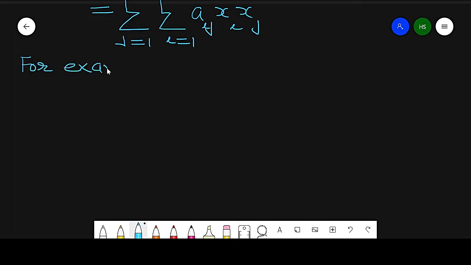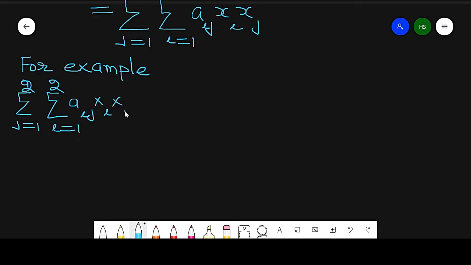For example, if I take a quadratic form of order 2, which is a summation of j running from 1 to 2, summation of i running from 1 to 2, of aij xi xj. The maximum power is 2.